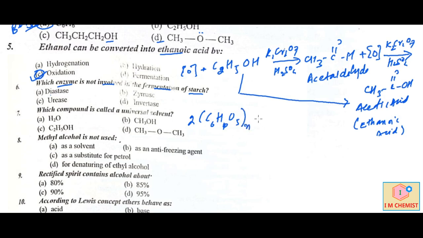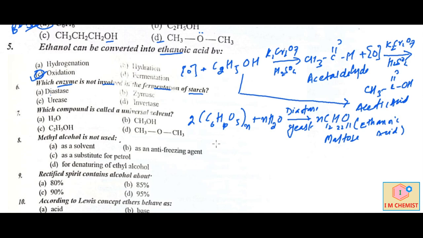You have n moles of starch, and if you treat it with n moles of water in the presence of diastase, that is an enzyme, and yeast, that is a microorganism, it would be converted into C12H22O11. That is actually maltose.